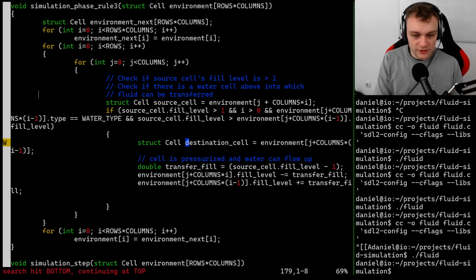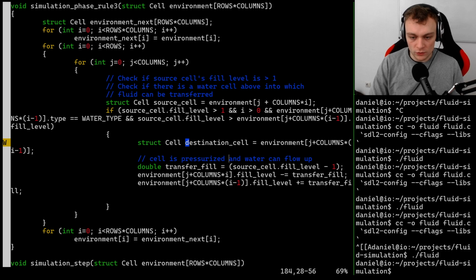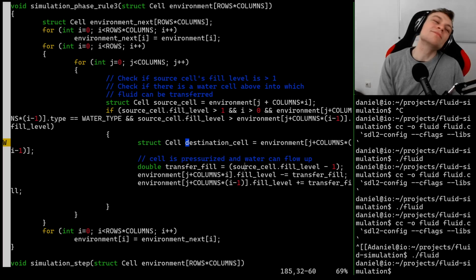There's our simulation phase number 3. If the cell is pressurized and water can flow up, the transfer fill is the source cell dot fill level minus 1. Then we decrement the source cell's fill level by the transfer fill.